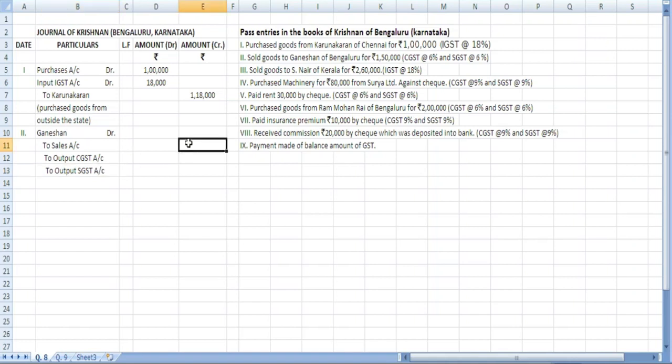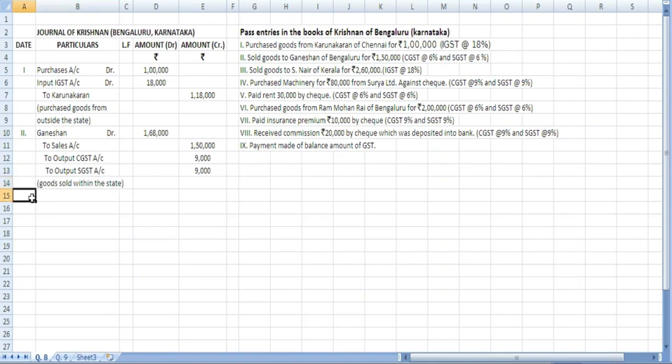Here the sales is for 1,50,000. 6% of 1,50,000 is 9,000, and here also 6% is 9,000. When we add these three, we get 1,68,000. We'll write here: goods sold within the state.